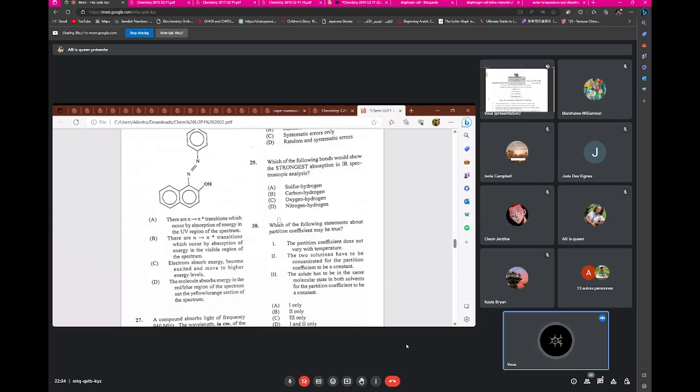So okay, electrons absorb energy, become excited. C is not a complete explanation. Pi to pi star transitions which occur by absorption of energy in the UV. You're going to need a chromophore for A, I think.